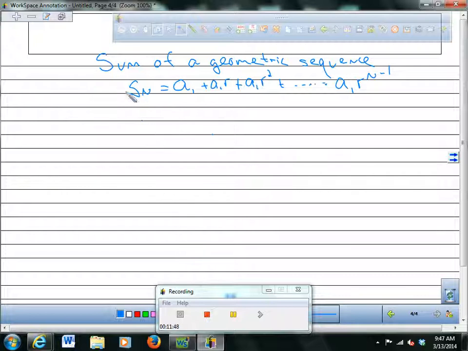Now, what they do, they multiply both sides by r, okay? So if I multiply both sides by r, I get r times S sub n is equal to, what would this be? A sub 1 r, plus a sub 1 r squared plus a sub 1 r cubed, dot dot dot. But I'd end where? R to the n, right? Now what they do is they subtract this minus this.